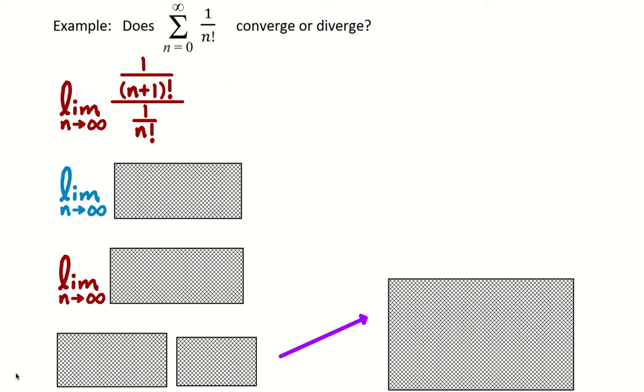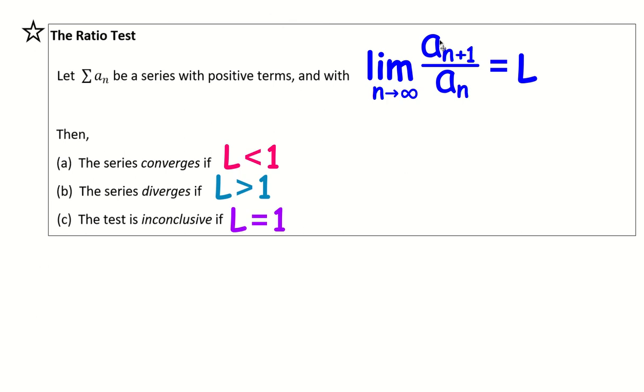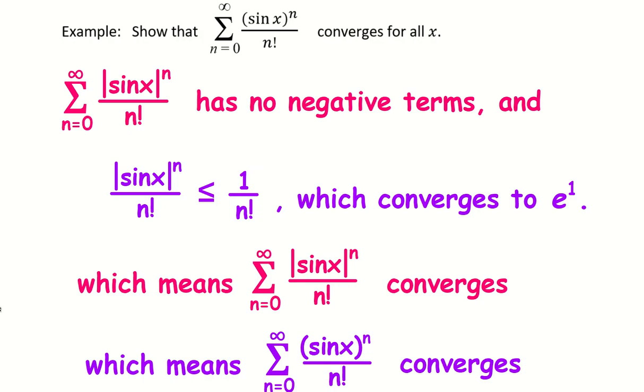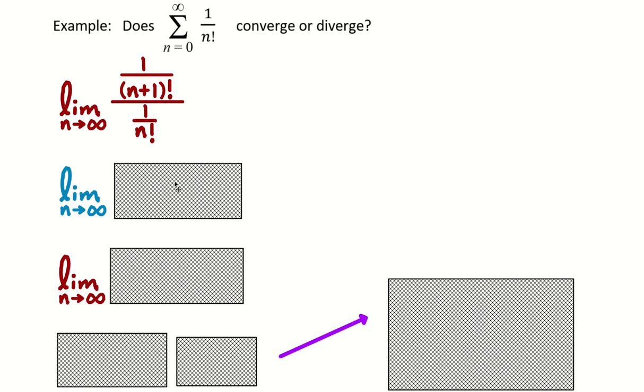Okay, so here's what this meant, this whole a sub n plus 1 all over a sub n. Whoa, wrong way. So a sub n plus 1, that's this. Instead of n, you have n plus 1.